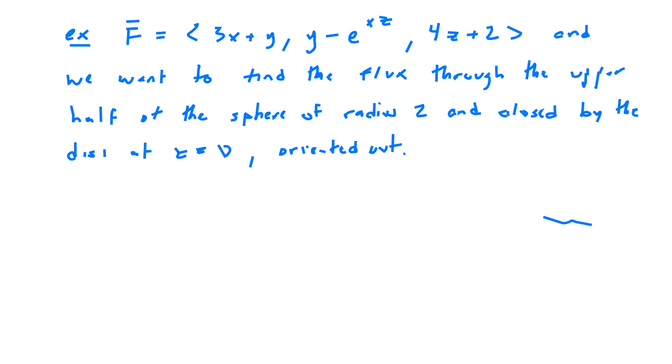So there's our vector field, and we want to find the flow or flux through the upper half of the sphere, radius 2, and closed by putting in the disk at z equals 0, so we have the circle of radius 2 at the bottom.